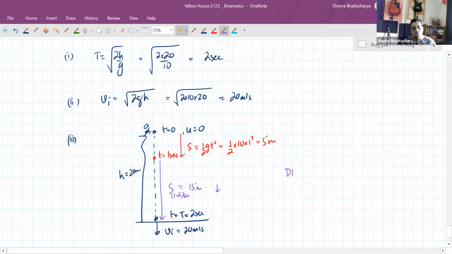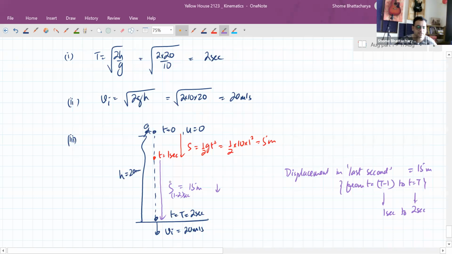Therefore the displacement in the last second, that is from t equal to T minus 1 to t equal to T, in this case 1 second to 2 seconds, is equal to 15 meters.